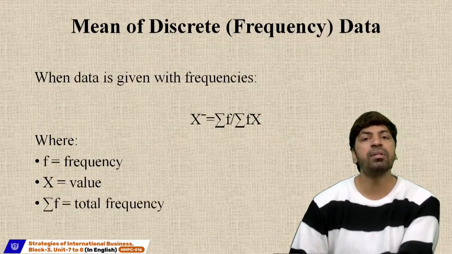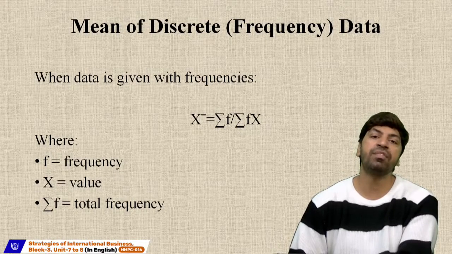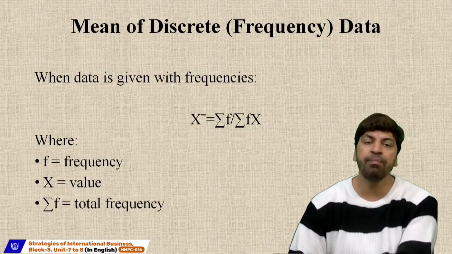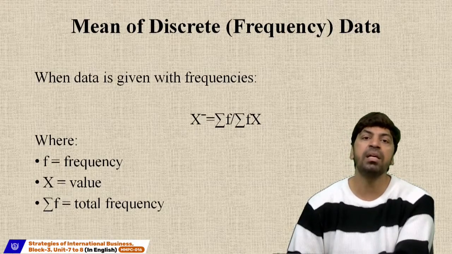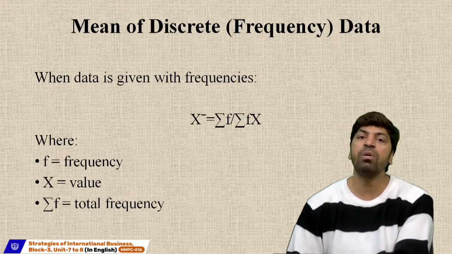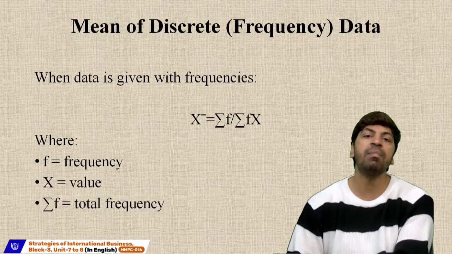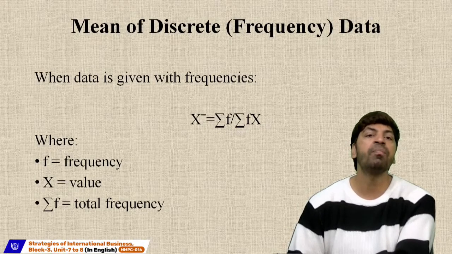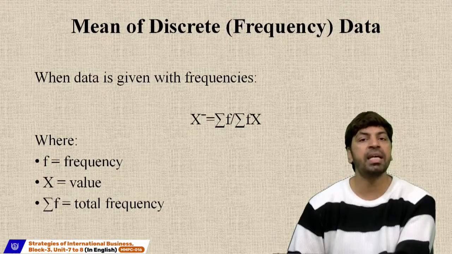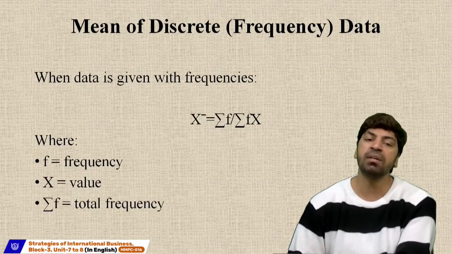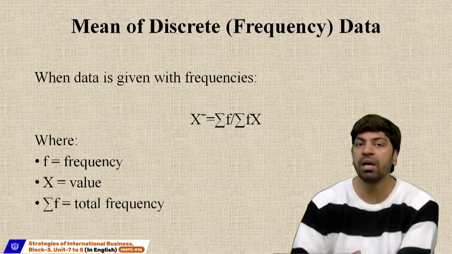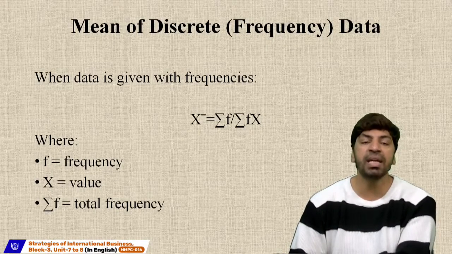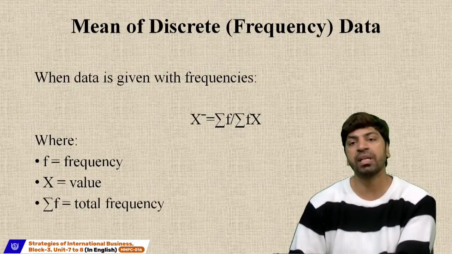Let's talk about the mean of discrete frequency data. When data is given with frequencies, the mean, x bar, is equal to sigma fx divided by sigma f, where f is the frequency, x is the value, and sigma f is the total frequency. With this formula, we can easily calculate the mean in the case of discrete data.